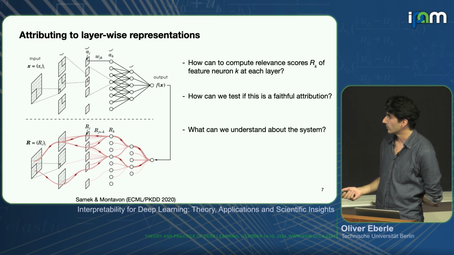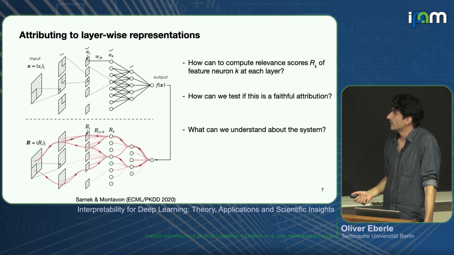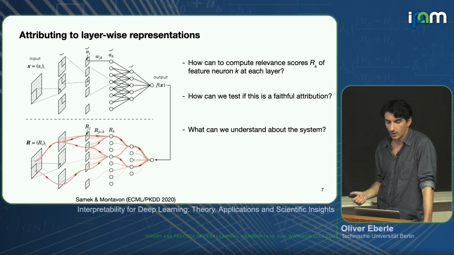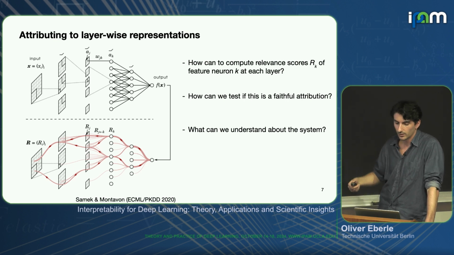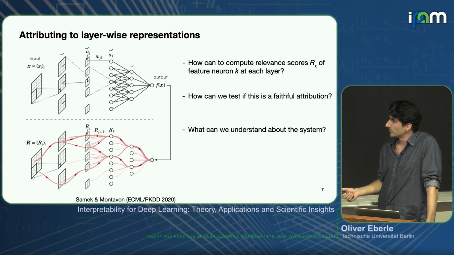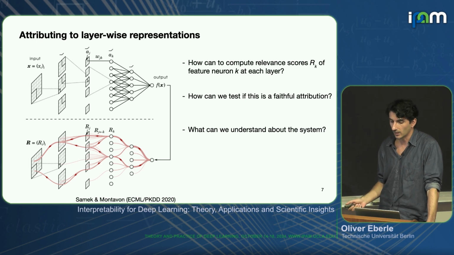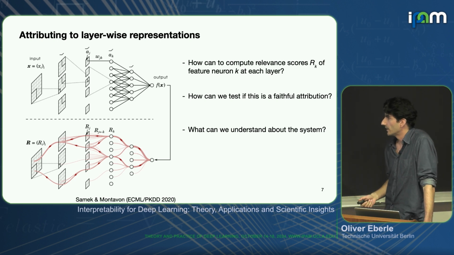With that, we can now go into what we actually want to do. For now, we can say that we want to attribute to our layer-wise representation. A deep neural network has different processing stages, and at each of these steps some computation is happening, which forms, for example in image classification, increasingly high-level complex features.